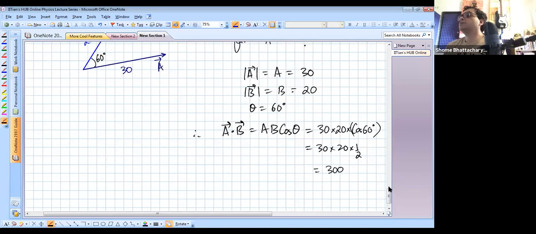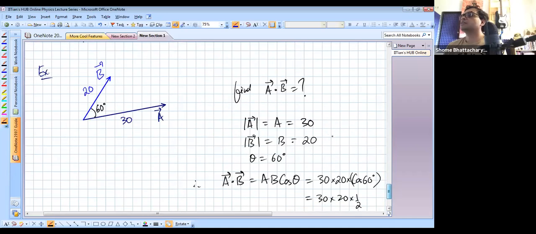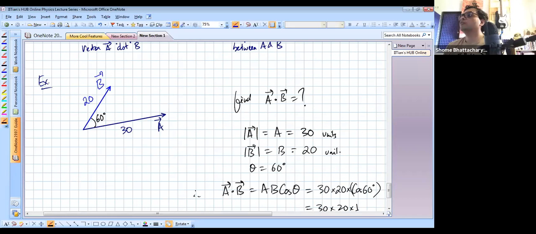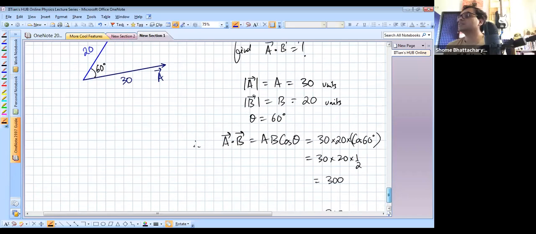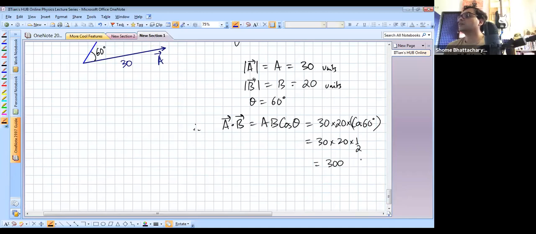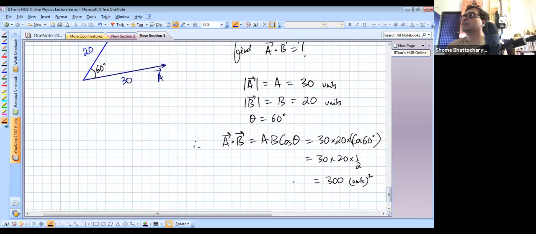And suppose they are in the same unit. Okay. So suppose magnitude of vector is 30 units, whether that is kilometers or newtons or whatever, then this becomes square units. So A dot B becomes this much.